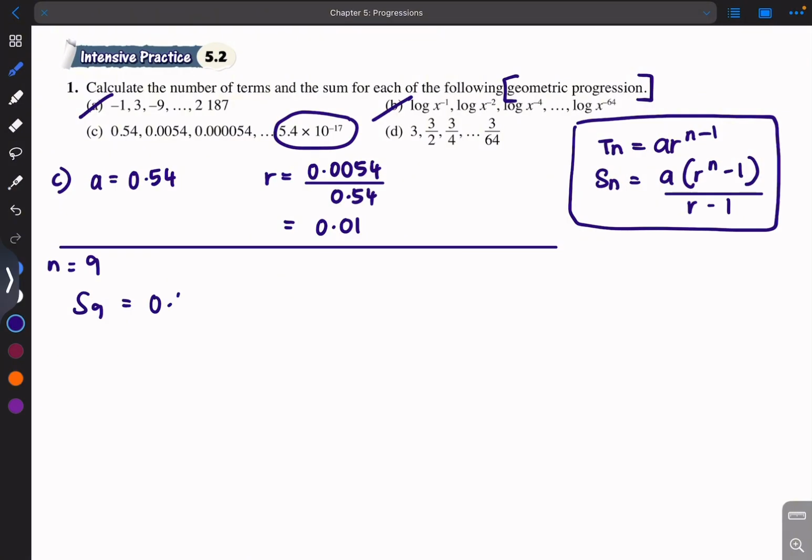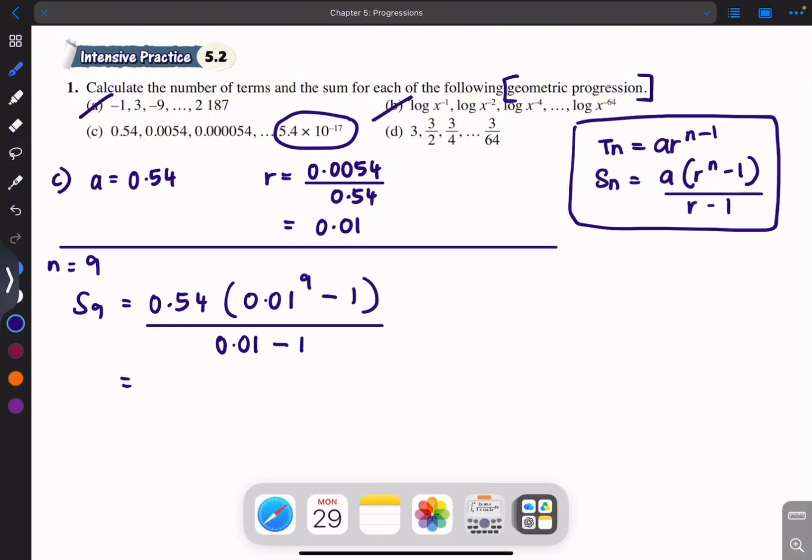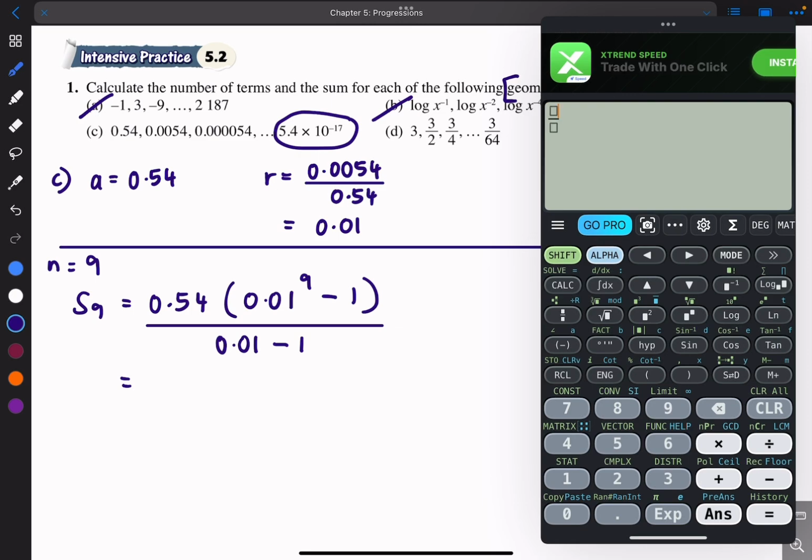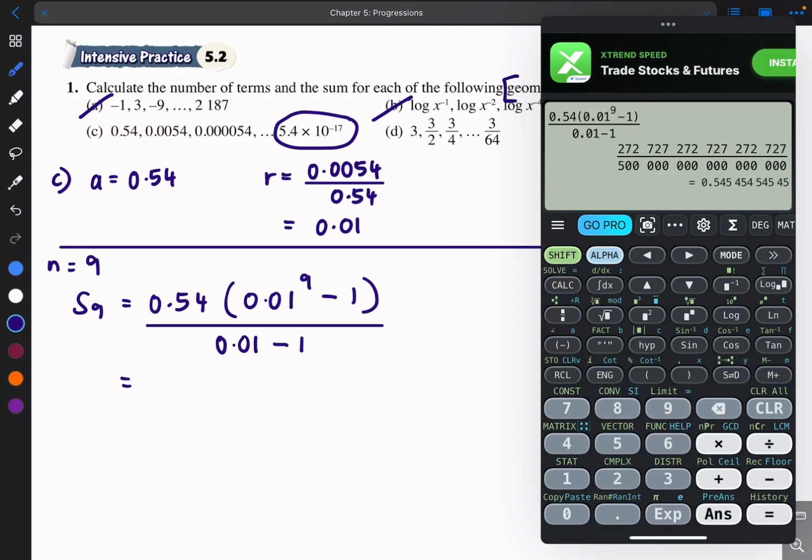So A(r^9 minus 1) over r minus 1. 0.54 times (0.01^9 minus 1) divided by (0.01 minus 1). Oh, that's a long number.